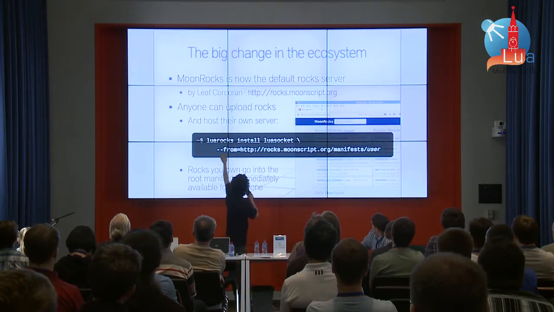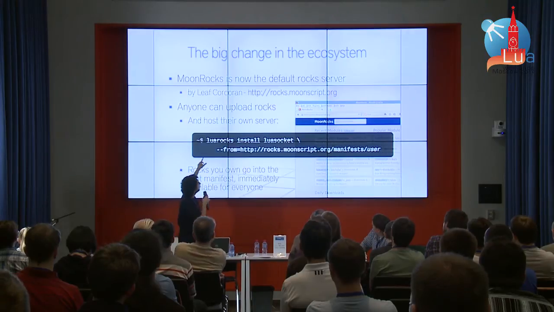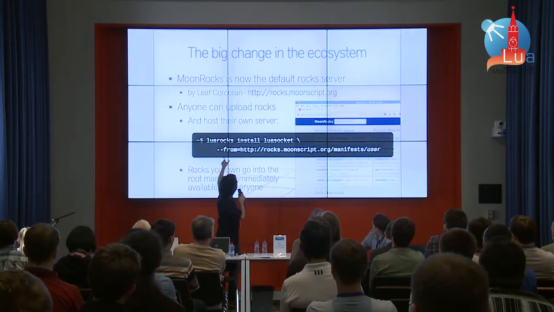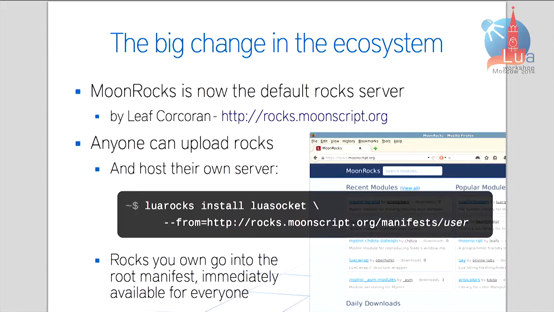So, for example, if you wanted to install my version of LuaSocket, you can go there and install it from that user. So you can get a non-standard one if you want.